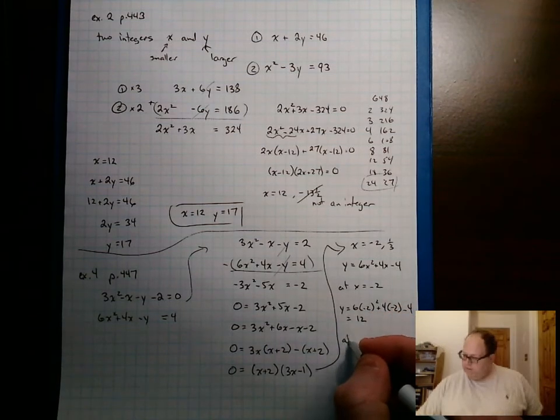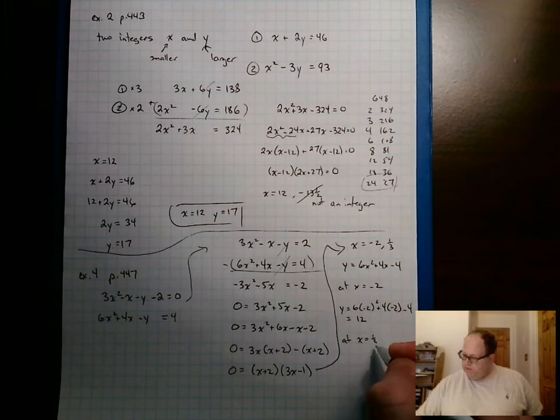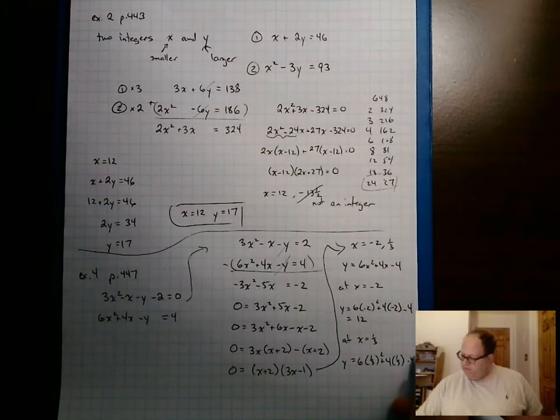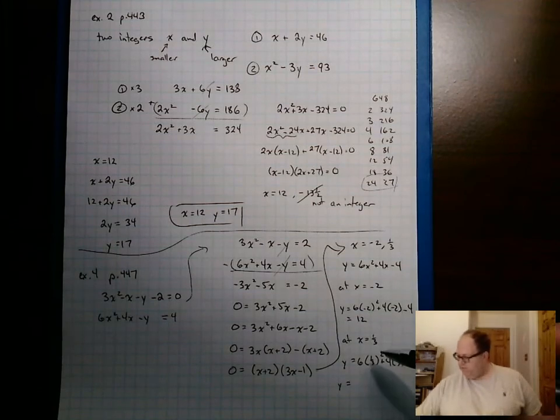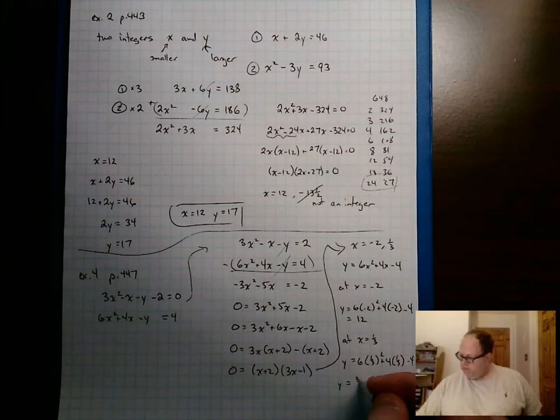And at x equals 1/3, y is going to equal 6 times 1/3 squared plus 4 times 1/3 minus 4, which would work out to, this will be fun, 2/3 plus 4/3 minus 4. 2/3 plus 4/3 is 6/3, which is 2. 2 minus 4 is negative 2.